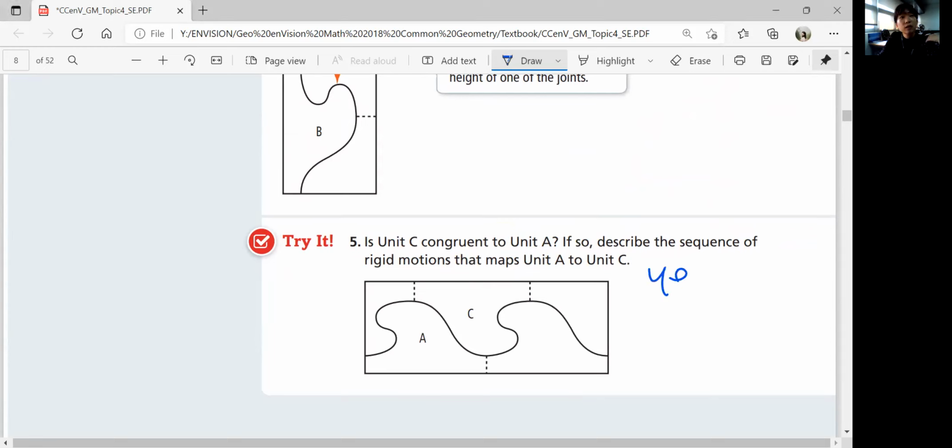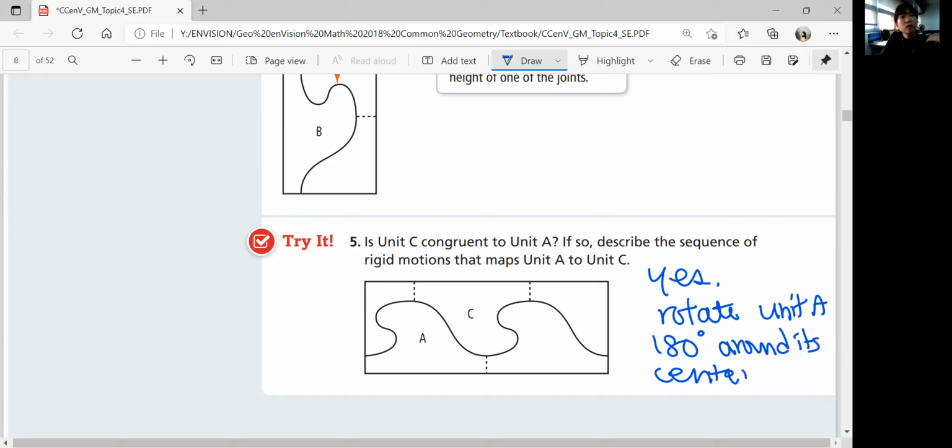But yes, they're congruent. Rotate unit A 180 degrees around its center, and then you can translate to map to unit C.